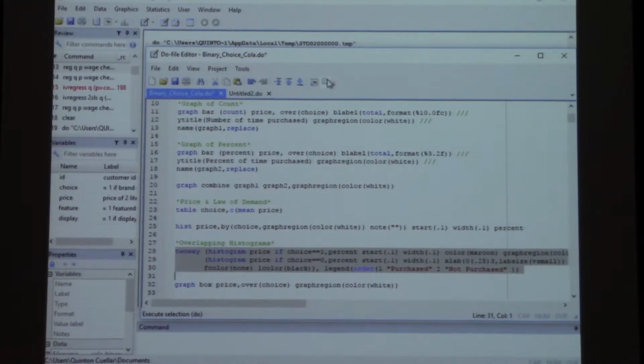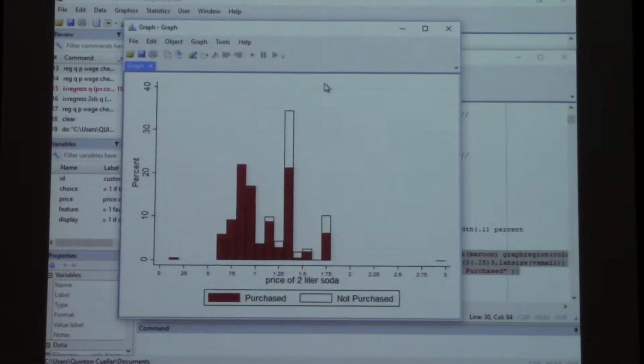Exactly, and we did this two-way stuff before when we put revenue and sales. We did it with scatter diagrams, but here we're just doing it with histograms. So again, the red is when they purchased. The hollow or white, whatever you want to call that, is when they didn't purchase.